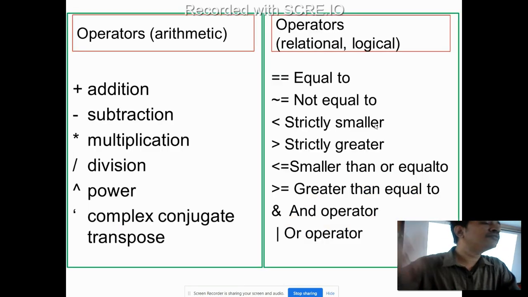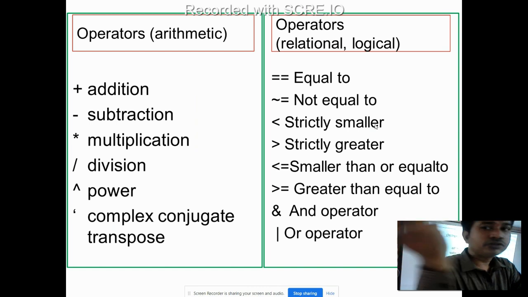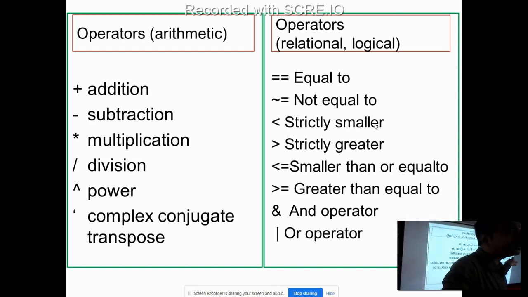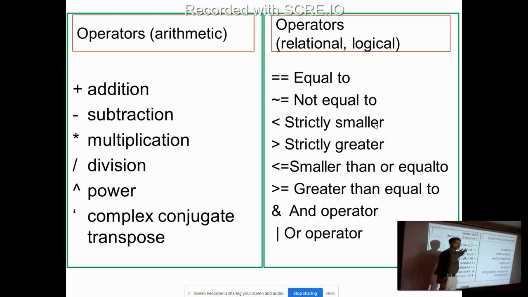So all the operators will work like C in MATLAB. What are the operators we have seen in C? We have seen arithmetic operators, meaning addition, subtraction, multiplication, division. Power, meaning the cap symbol, we use the cap symbol for power. Even relational and logical operators like equal to, we use in C also.